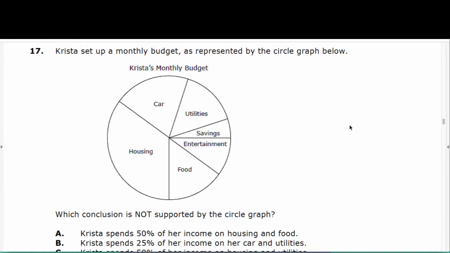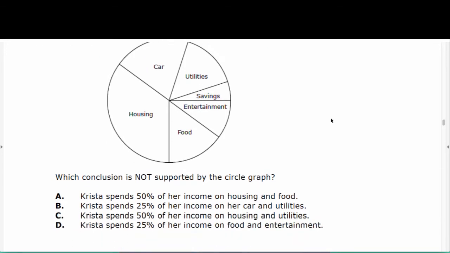Question 17. Krista set up a monthly budget as represented by the circle graph below. Krista's monthly budget. If you have any questions or need help reading the graph, please raise your hand. Which conclusion is not supported by the circle graph?